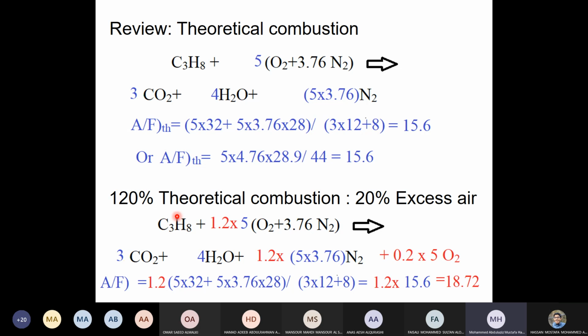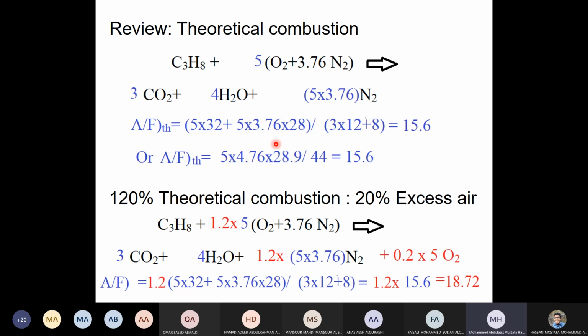Okay. When we say 120% theoretical air, this has the same meaning as 20% excess air. 120% theoretical air is exactly the same as expressing it as 20% excess air. So I write this for the same fuel here.